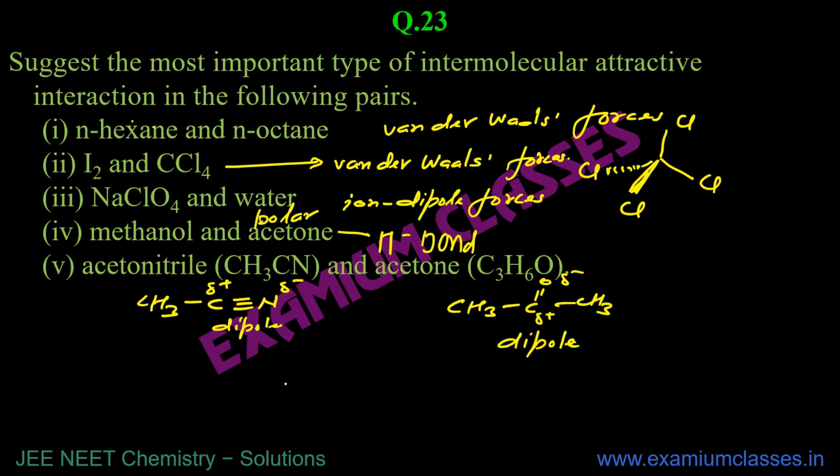This one, the fifth one, is dipole-dipole interaction. This question has appeared, maybe not complete, maybe few parts, 1 and 3rd only, 2nd and 4th only, or 1, 3rd, 5th only, quite a few times in your exam. So these 5 you need to remember. Very easy marks from here.